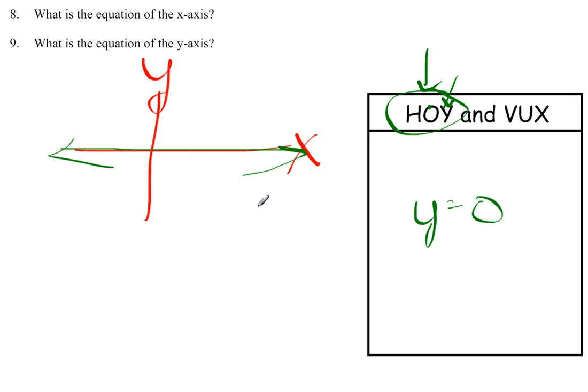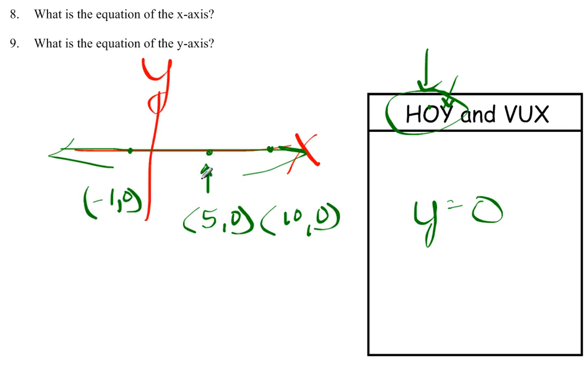It's just plain 0. If you pick any point on there, like (5, 0), how about this one, (10, 0), or this one, (-1, 0) or (-2, 0). No matter what you pick on that line, all of these y values are zeros. That's why that's the equation of a horizontal line.